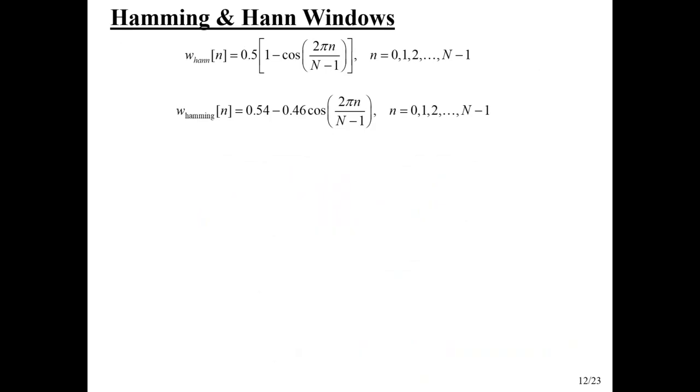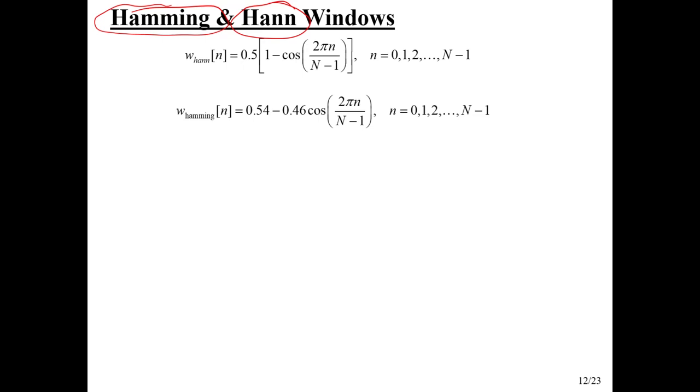Okay, now we're going to introduce some of the common windows here. Some of them are named after people. In fact, almost all of these are named after people. There was a guy named Hann, I'm not sure how it's pronounced, and there was a guy named Hamming, and they each came up with windows.